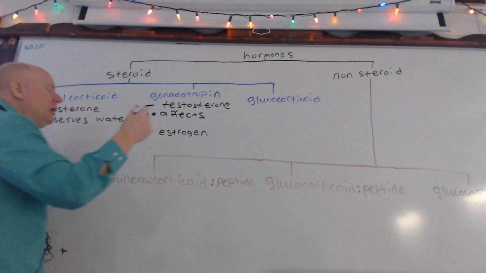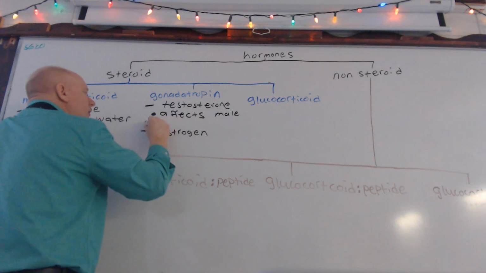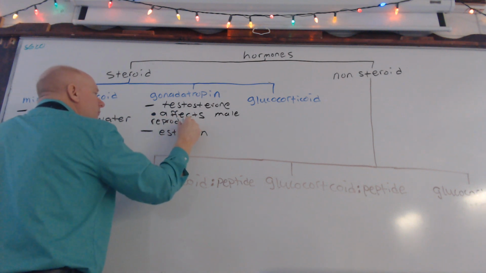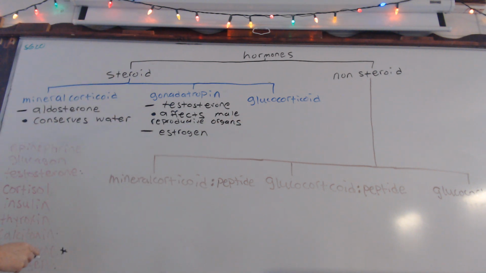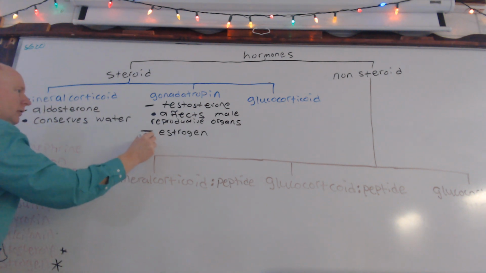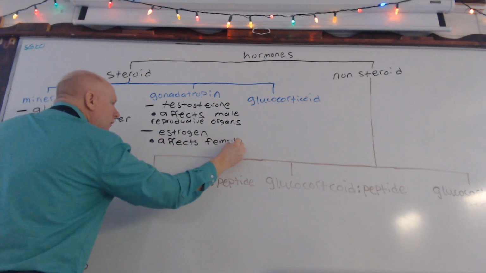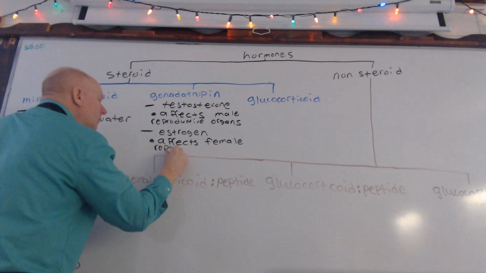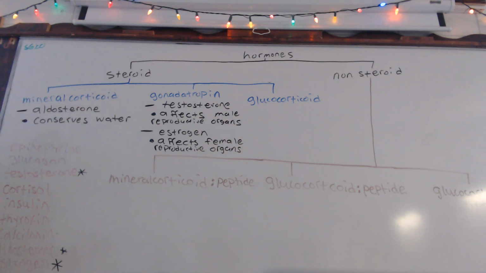Yeah, so it's mainly in men, so it affects male reproductive organs. Okay, so we have eliminated this one now. Okay, so what does estrogen do then? Female. That's right, it affects female reproductive organs.